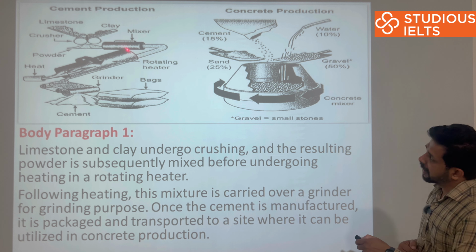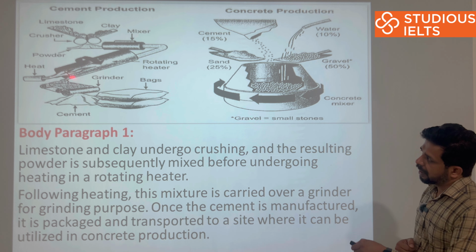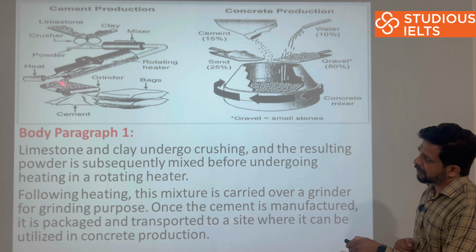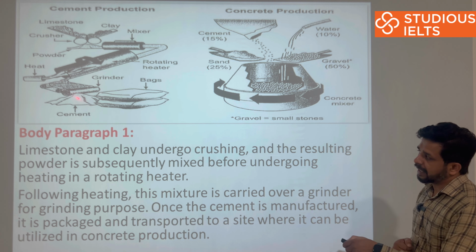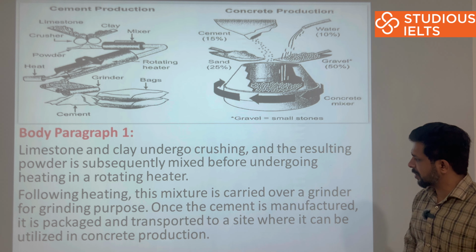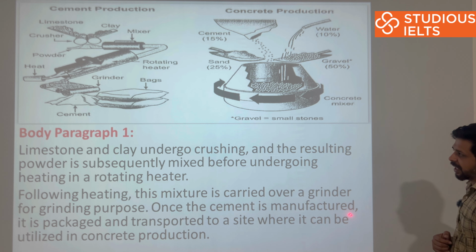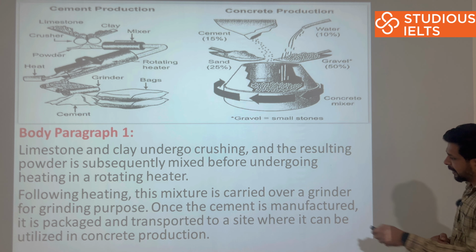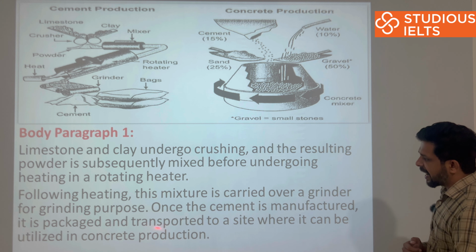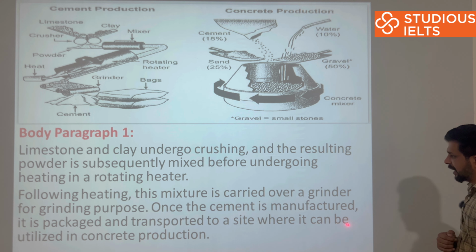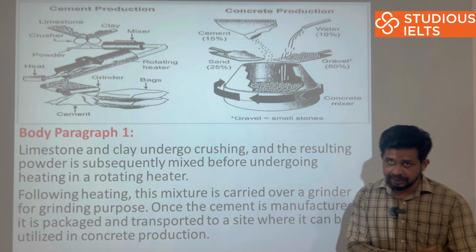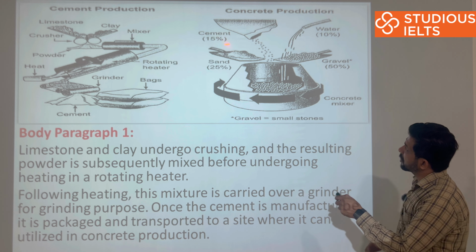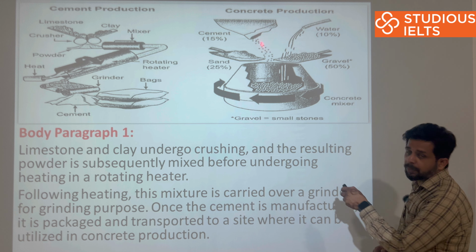You can clearly see that when heating is done, the entire mixture is put on a grinder, and this grinder is grinding it. What happens next? Once the cement is manufactured, once the cement is ready, it is packed and transported to a site where it can be utilized in concrete production. We clearly know that here the cement will be used for concrete production.